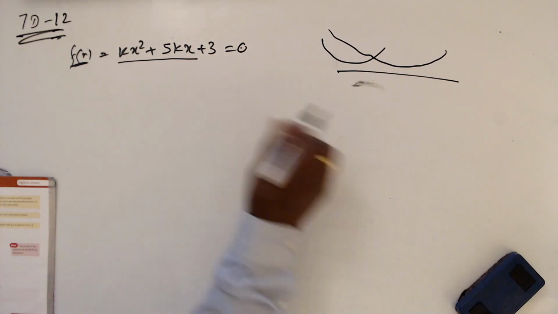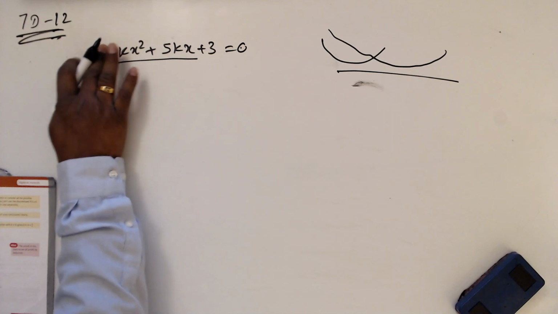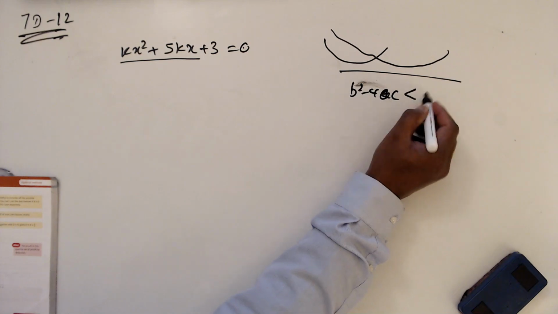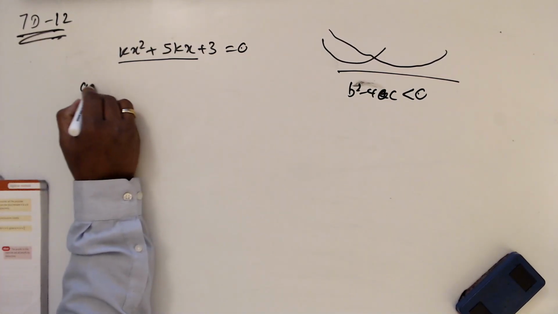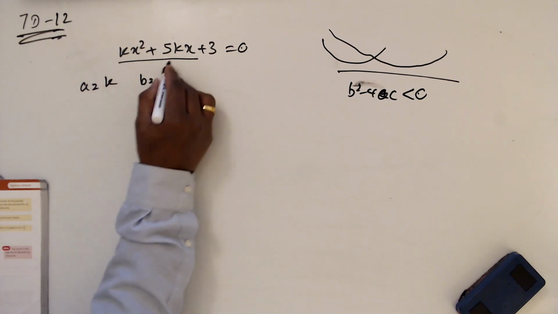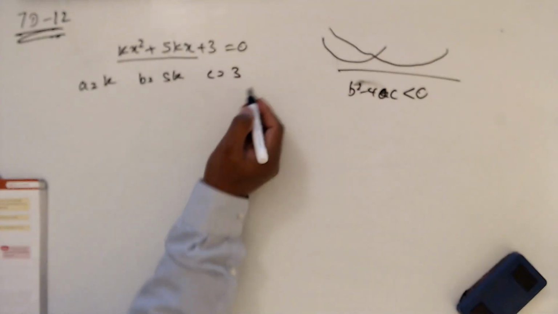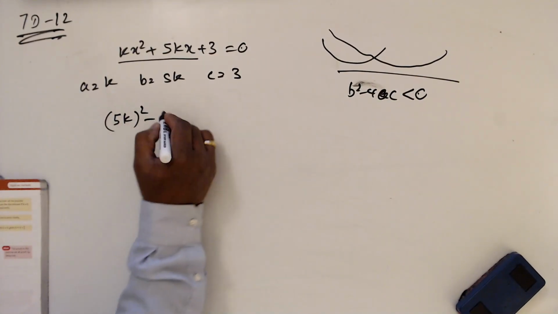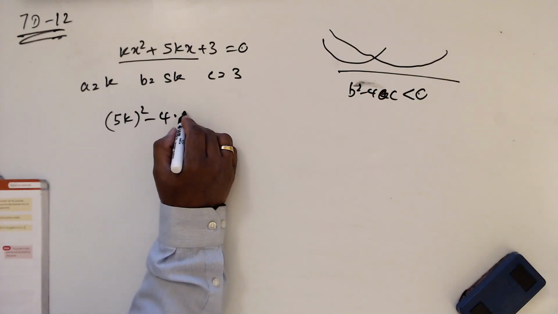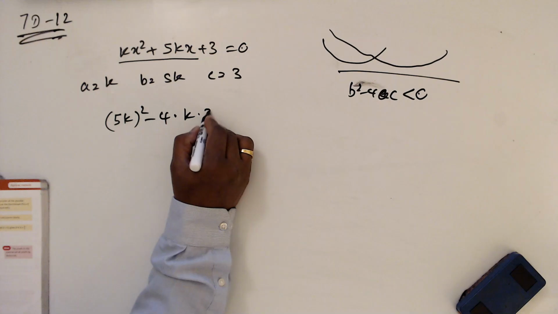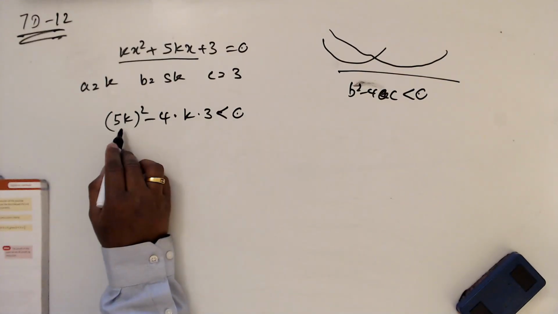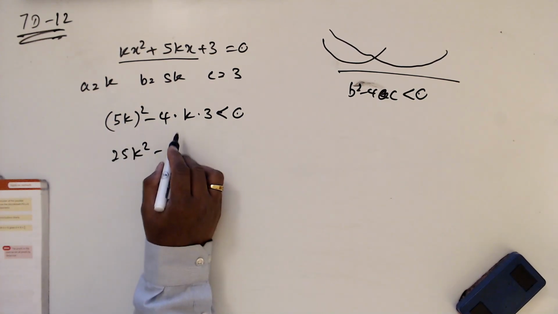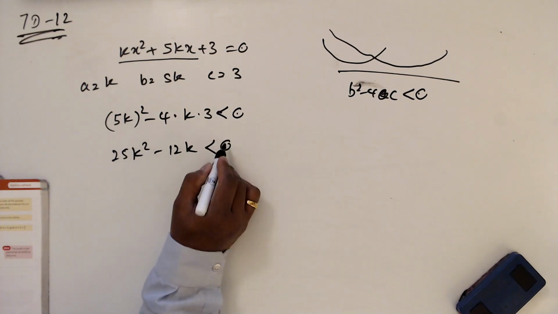It means we know that b square minus 4ac has to be less than 0. Now a equals k, b equals 5k, c equals 3. So b square means (5k) square minus 4 times a times c, which is 3, less than 0. So this is going to be 25k square minus 12k less than 0.